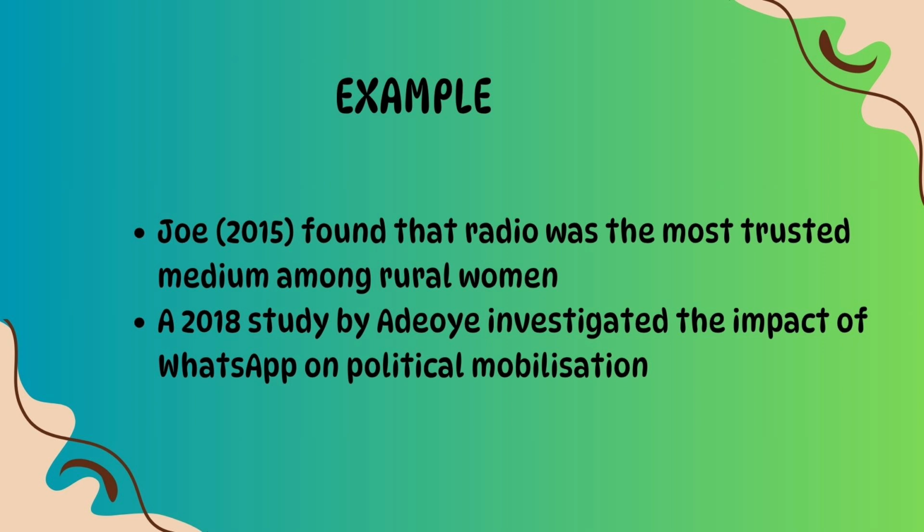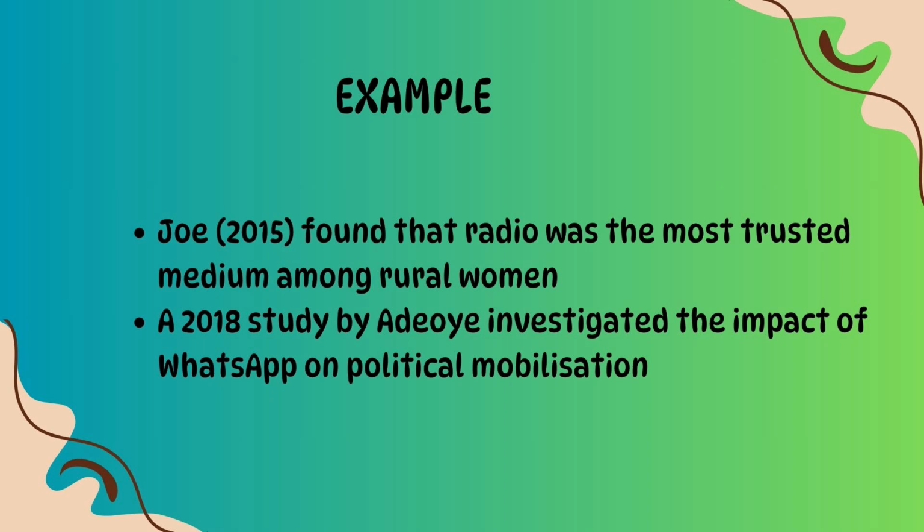Another example, a 2018 study by Adeoye investigated, is past tense, the impact of WhatsApp on political mobilization. Basically, if the research happened in the past and you're summarizing what was done or found, use past tense.